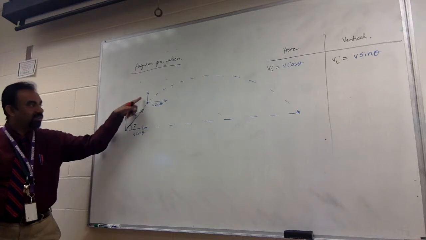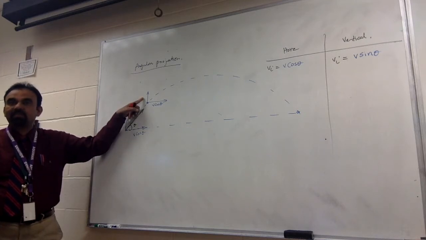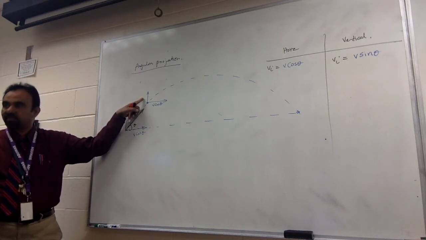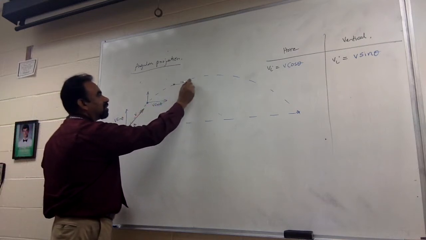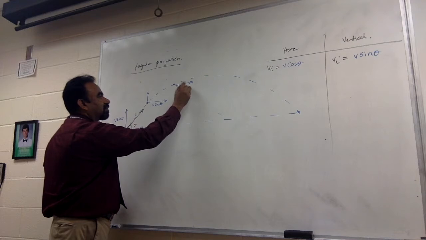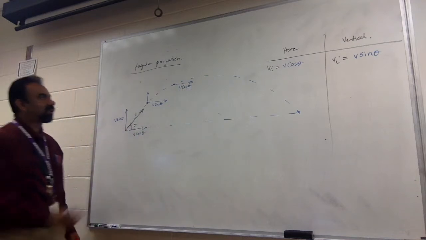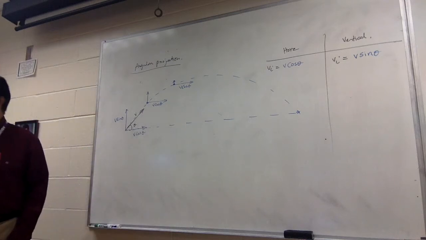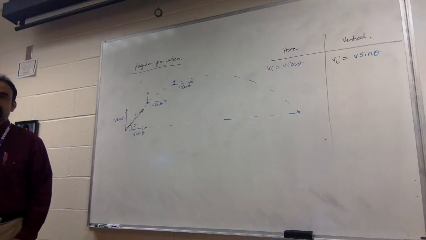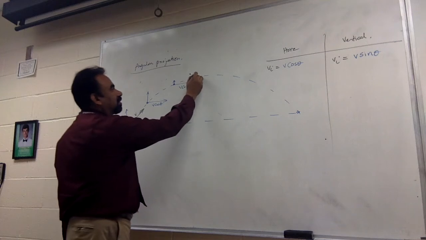See this and look at that. Vertical velocity is getting reduced. What about here? What's the horizontal velocity? V cosine theta. It's the same thing. But what about the vertical velocity? It's reduced further.